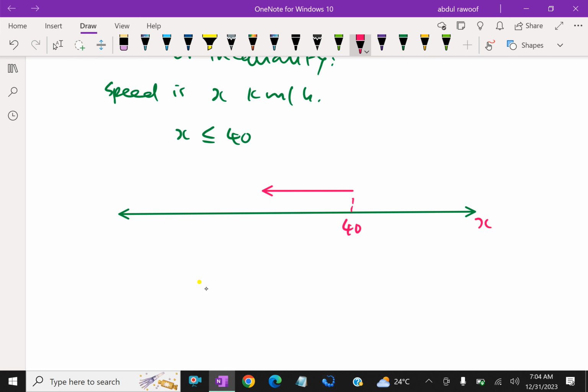So you have to draw a thick dot, which means the speed may be equal to or less than 40. Now look here, from the point 40 it should go left, because it is equal to or less than 40 kilometers per hour.